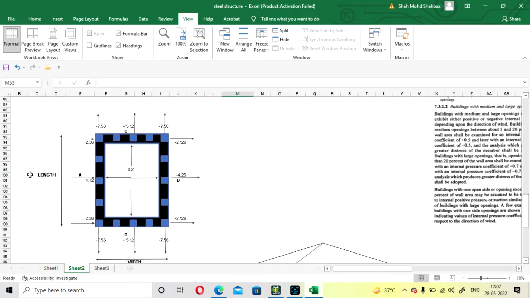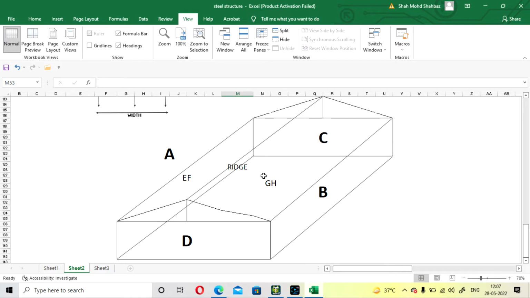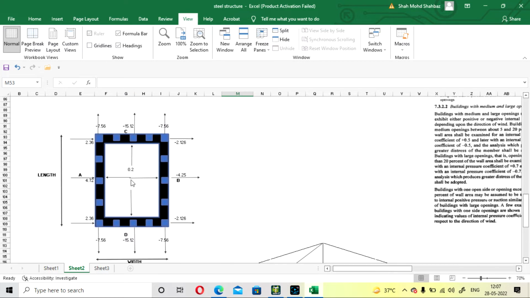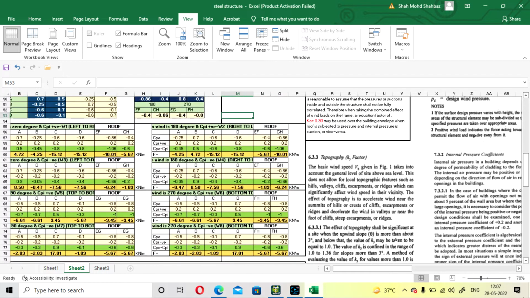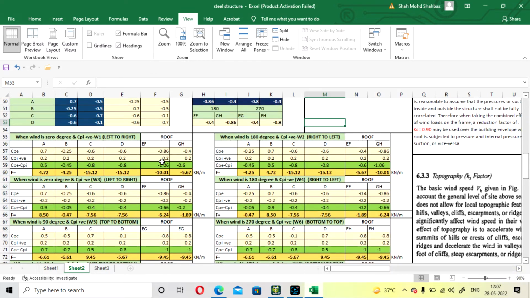And this is not the elevation, this is the 3D view. So this will be A, B, C, D, simply in plan A, B, C, D. In this way you have to provide the values.